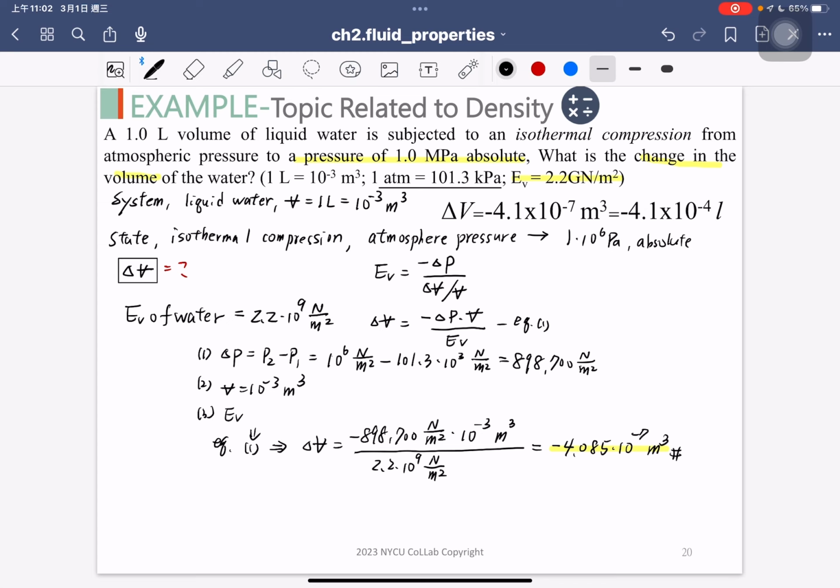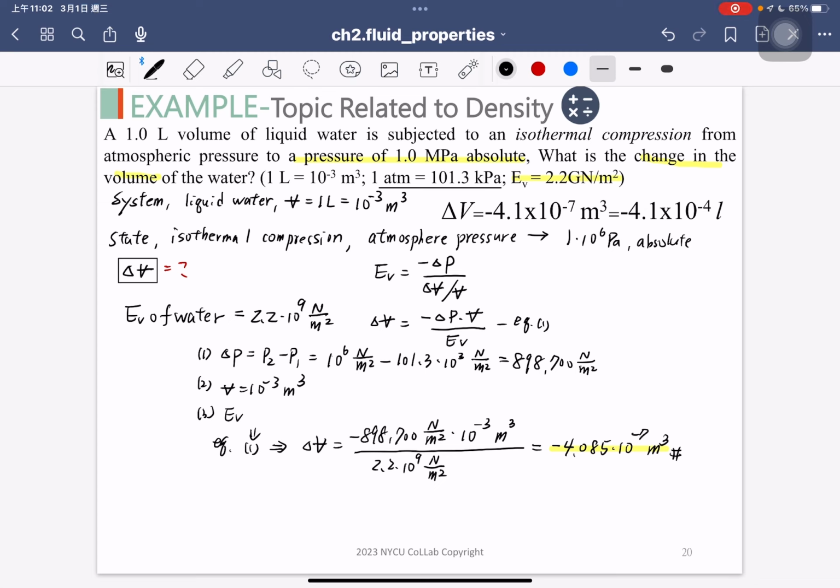Usually I tell you, after you compute the solution, you should review your answer: does it make sense or not? I always emphasize that liquid is very difficult to compress, right? As you see in the result, it makes sense, because the volume change is quite small compared to the initial volume of 1 liter.